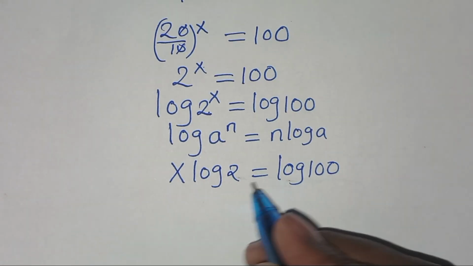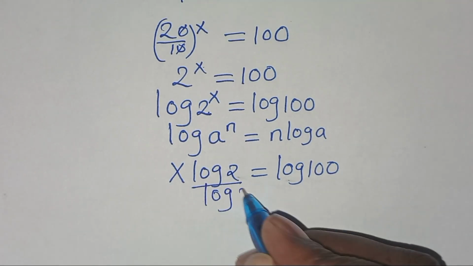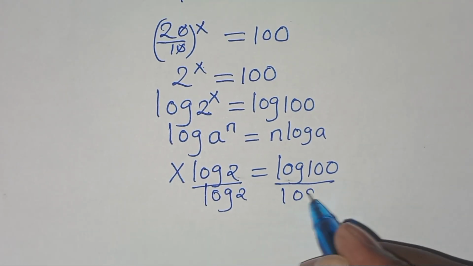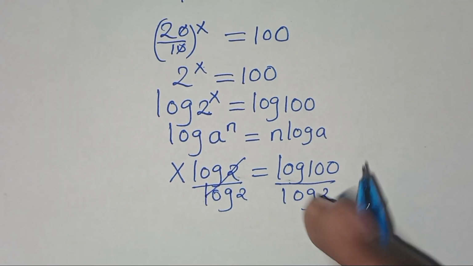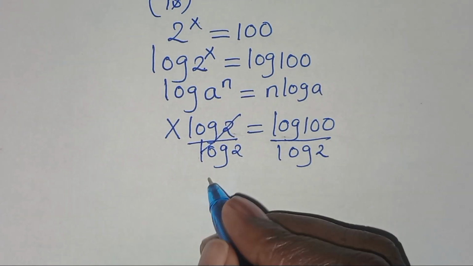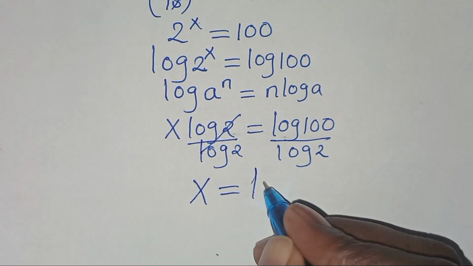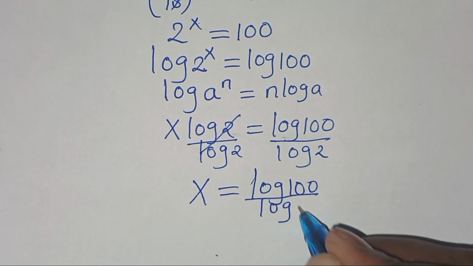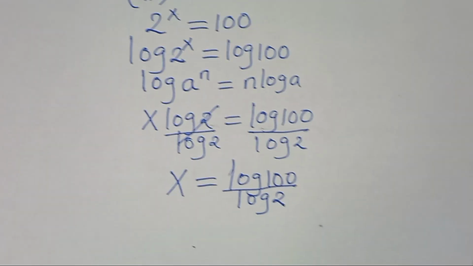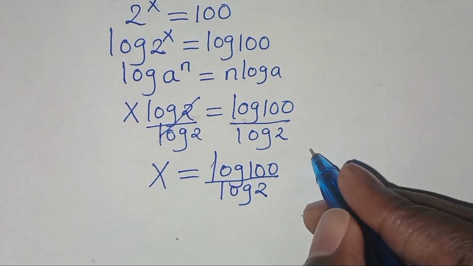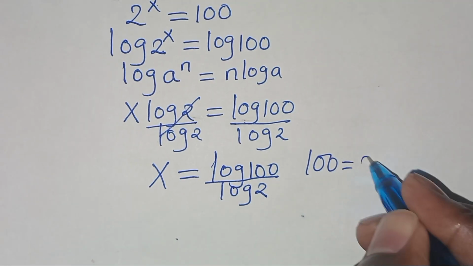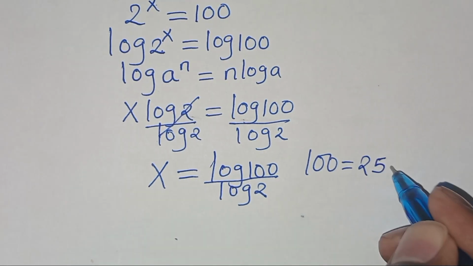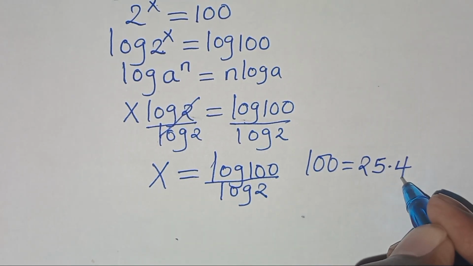Let's divide both sides by log 2, so that now x is equal to log 100 divided by log 2.